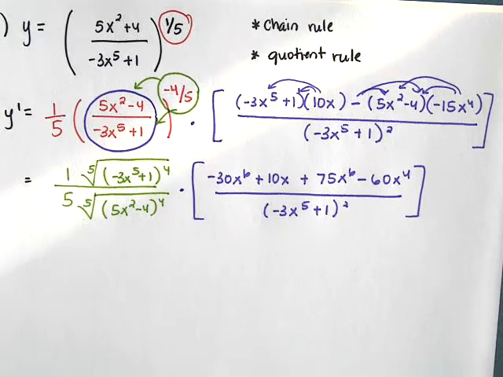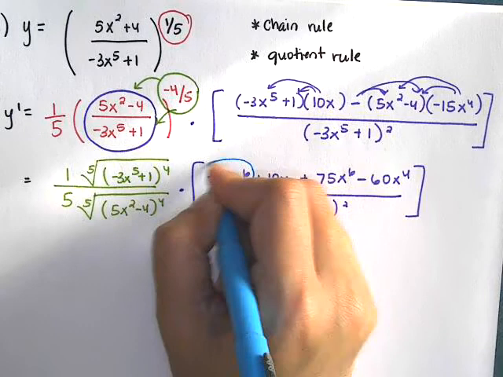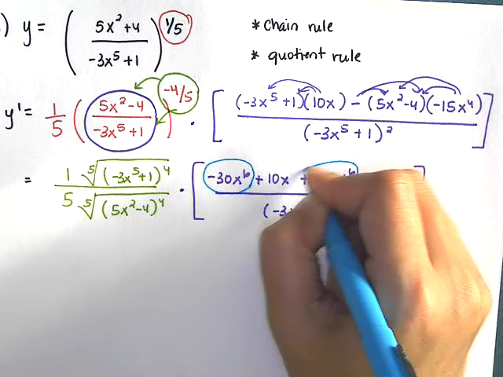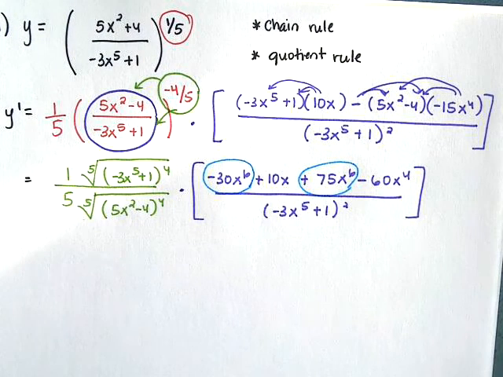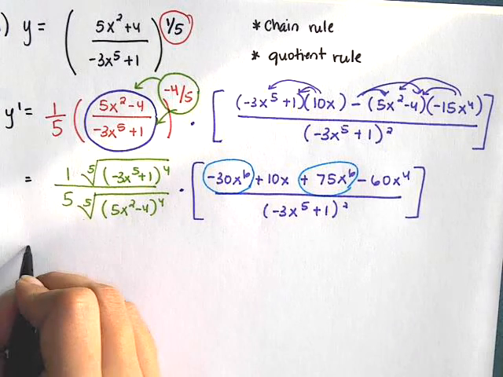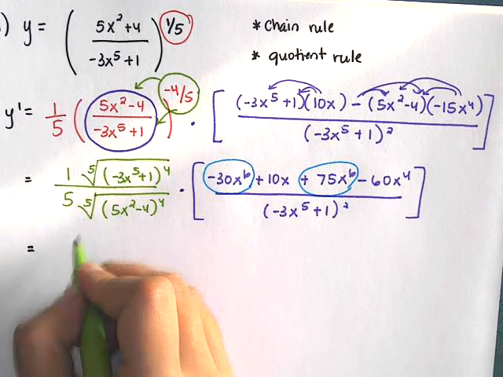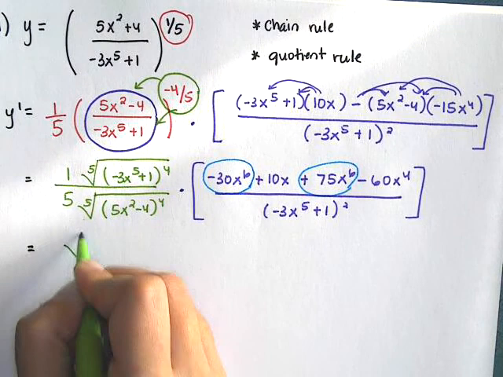Okay, now I'm going to try to simplify. So I see some like terms, negative 30x to the 6th, 75x to the 6th, which means this whole thing is going to stay the same, except for I'm not going to write the 1.